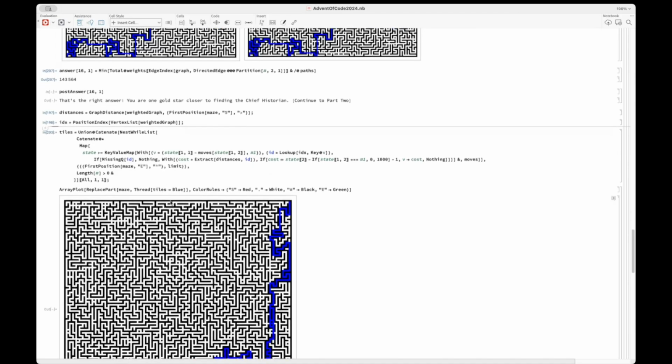Then, in order to find all of them, you can backtrack. I did it manually, using some nested while loops. If this is the limit, I'm backtracking from the end point and computing all the moves that I can make, looking up the ID. What is the ID again? The ID is like a weighted vertex.